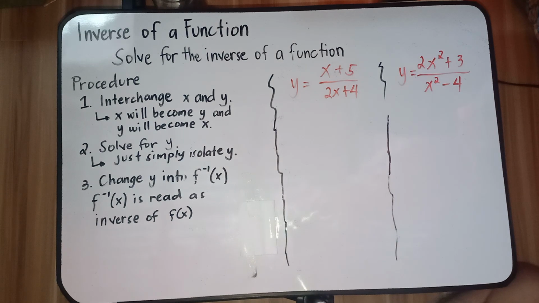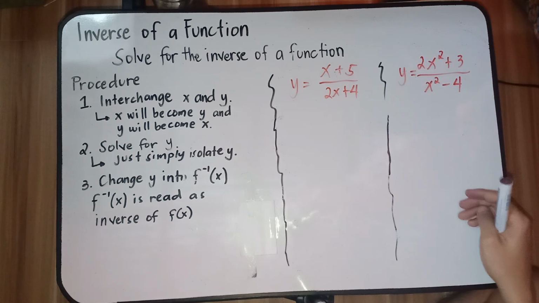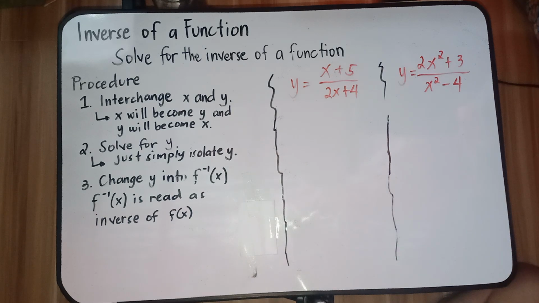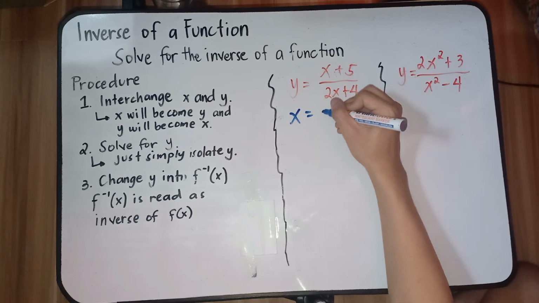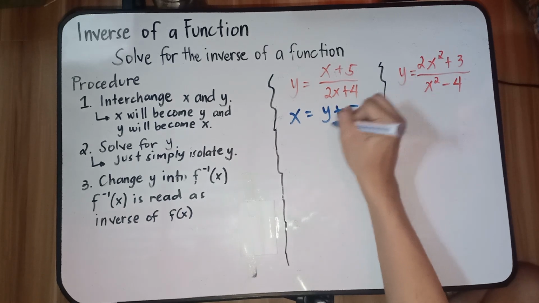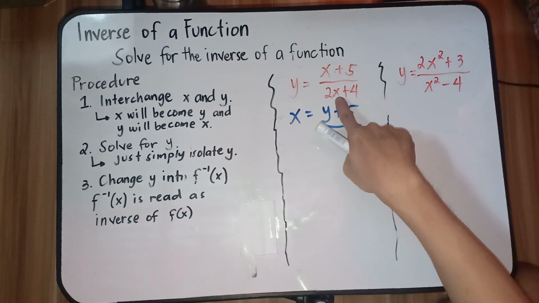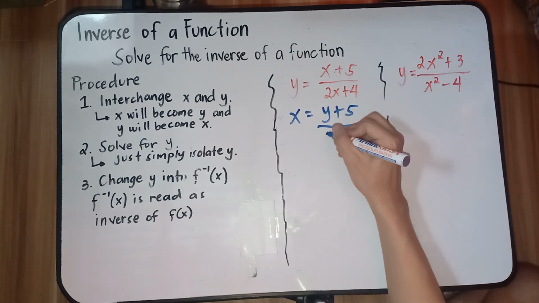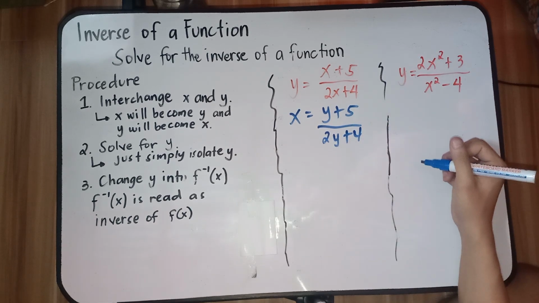For problem number 7, we have y is equal to x plus 5 all over 2x plus 4. This one is an example of rational function. So first step, we need to interchange x and y. So we have x is equal to y plus 5, and notice that on the denominator, we have an x. So therefore, we have 2y plus 4.